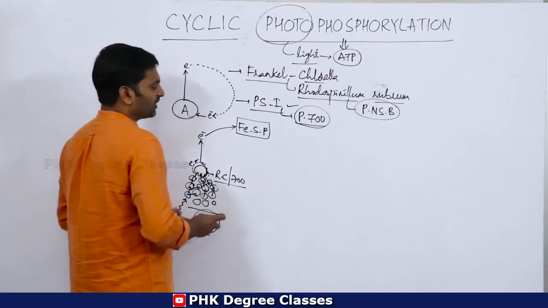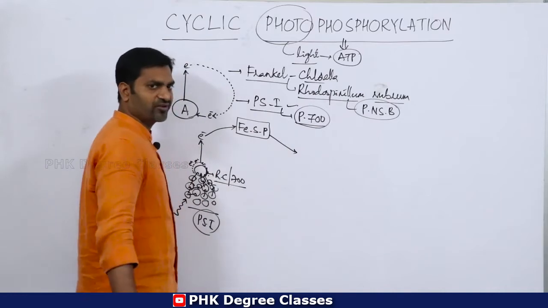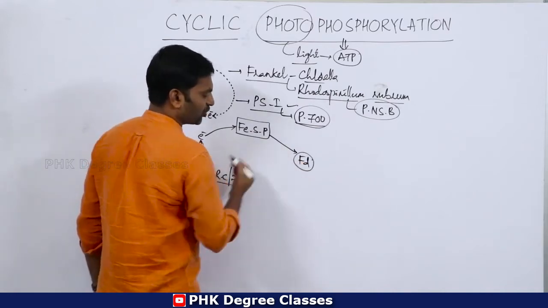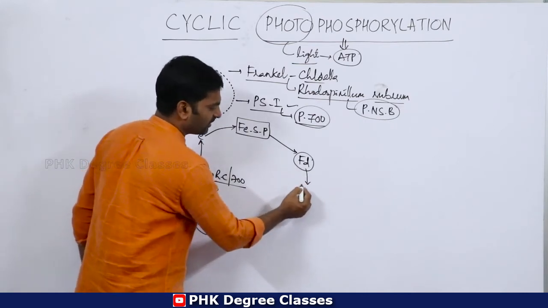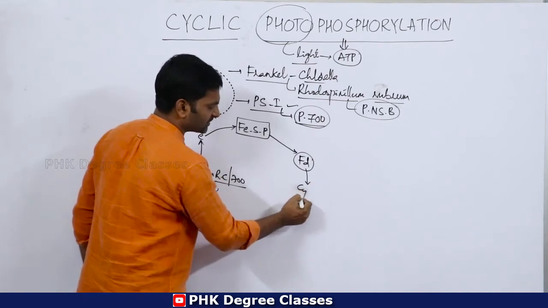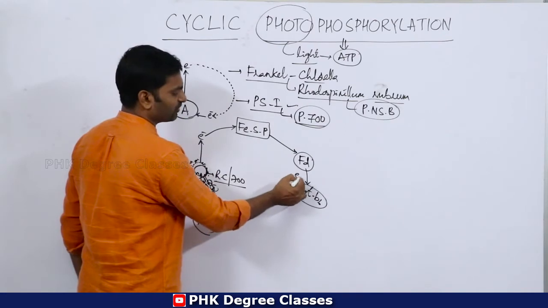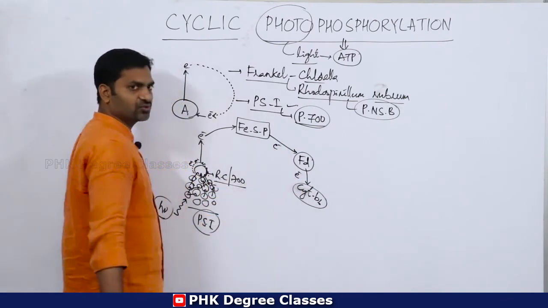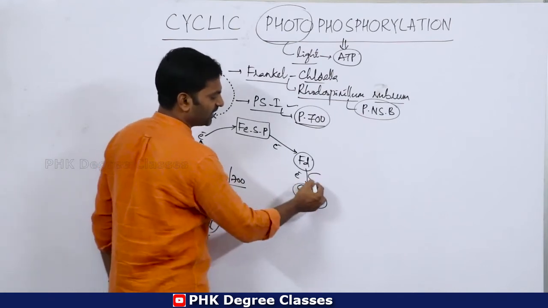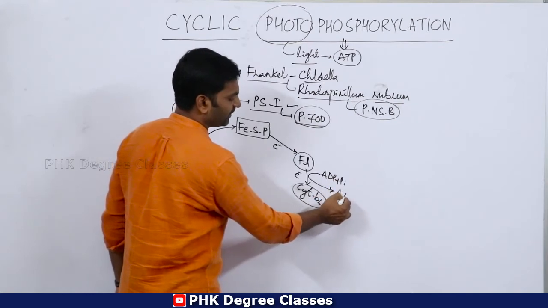Now these electrons move to the next electron receiver, that is ferredoxin, followed by cytochrome b6. Whenever electrons move from one complex to another, particularly from ferredoxin to cytochrome b6, there is formation of ATP from ADP.